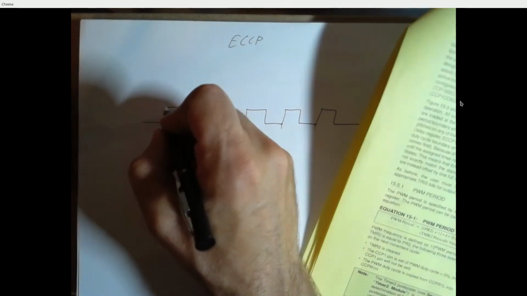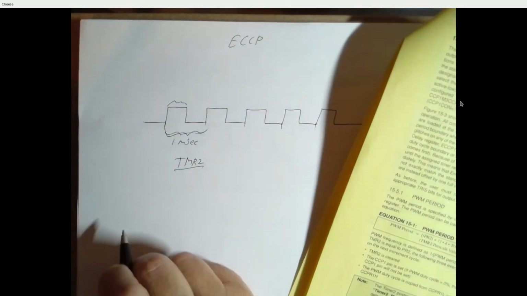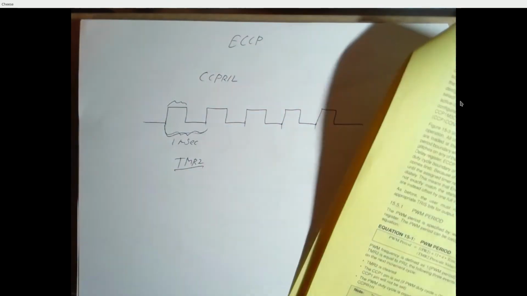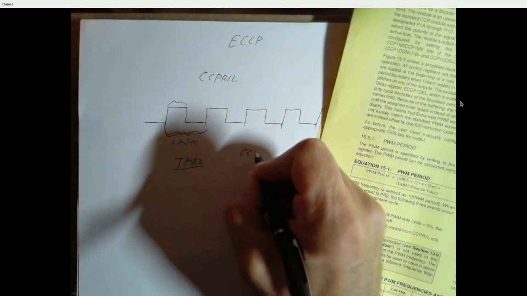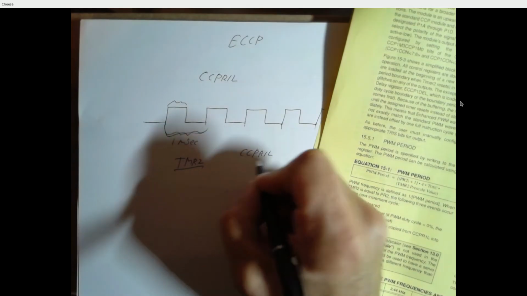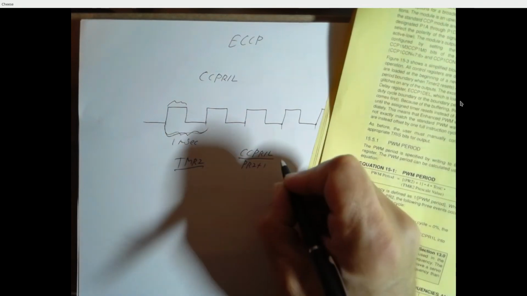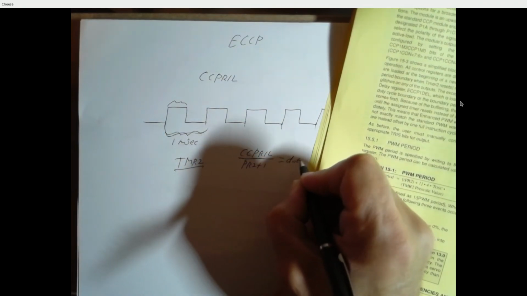How do we determine how long this waveform is on? Well, we use one other register, which is CCPR1L. Here's the basic setup: if you take CCPR1L and divide by PR2 plus 1, that gives you your duty cycle.